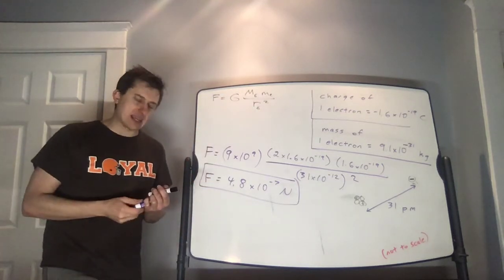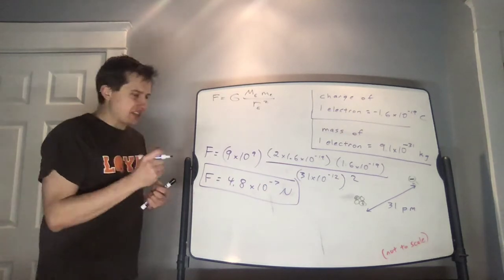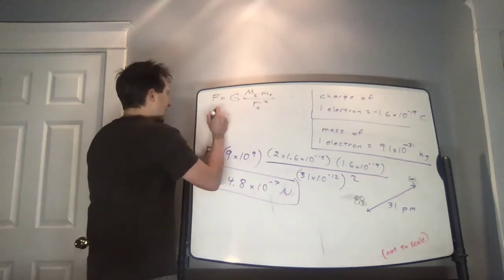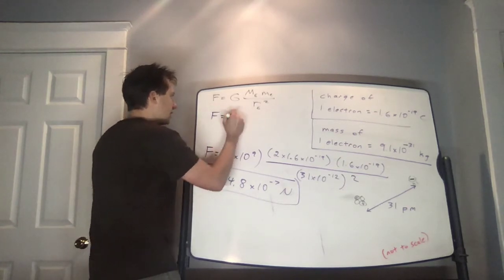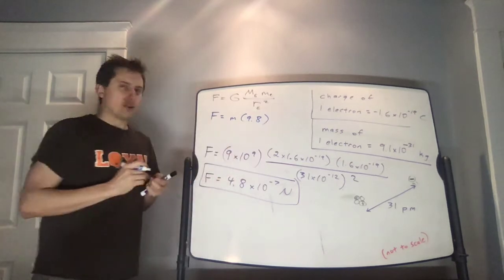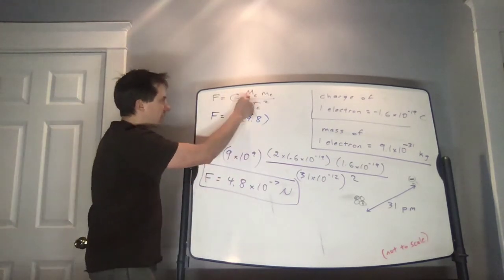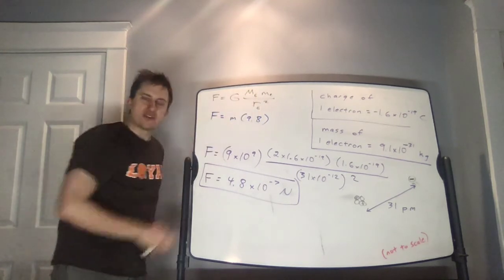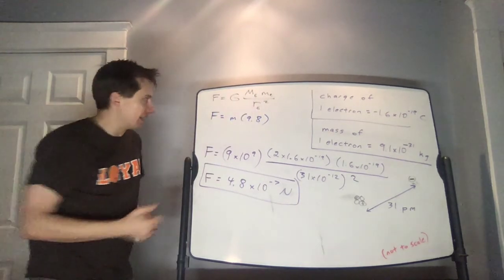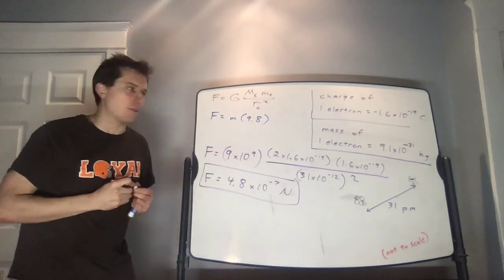But remember, back in Physics 121, we also demonstrated you could write the force of gravity as being equal to m times 9.8. And the reason for that is the product of Newton's gravitational constant times the mass of the Earth divided by the radius of the Earth squared is 9.8 meters per second squared. That's where that number comes from.